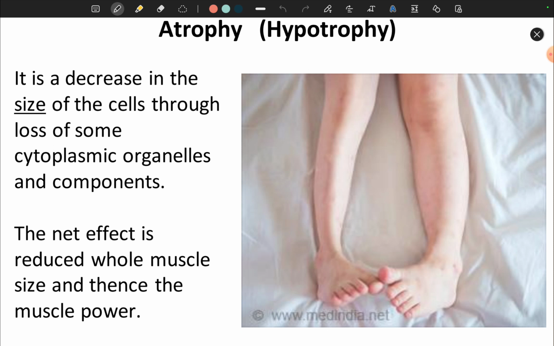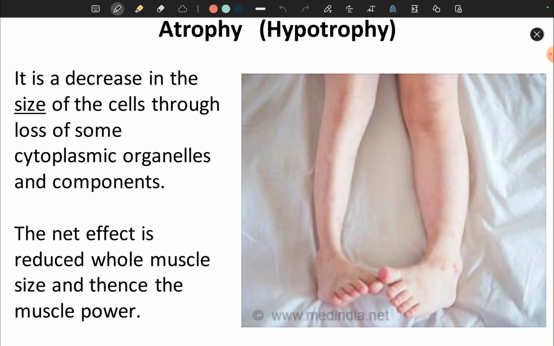So simply this means that the muscles are atrophied.